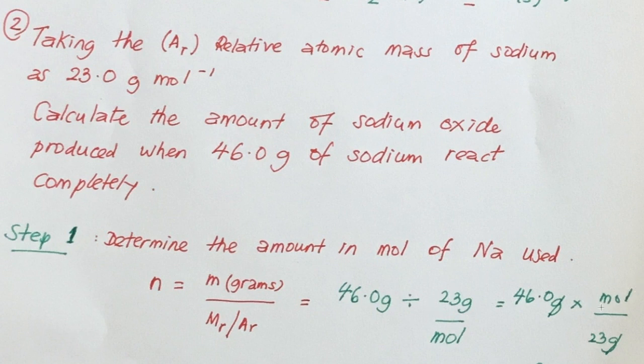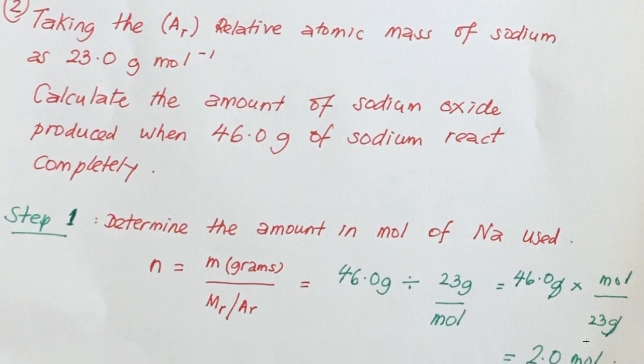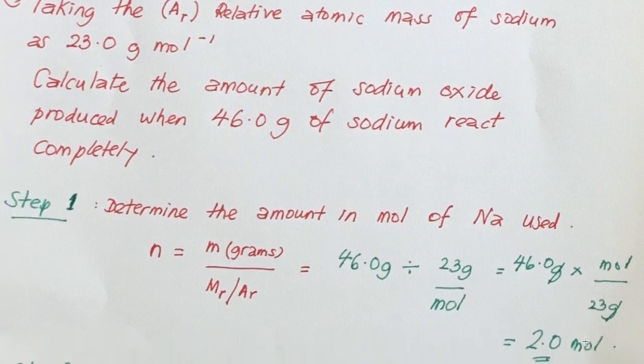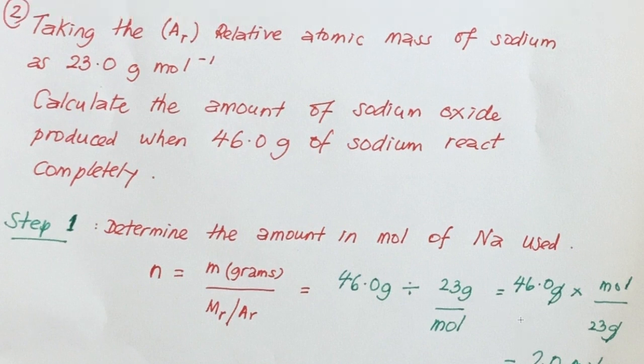So moles go to the top, 23 grams go to the bottom, the denominator. Grams cancels with grams, and you end up with 46 divided by 23, giving you an answer of 2 moles. So in reality, if 46 grams of sodium are involved in the reaction, that is 2 moles.